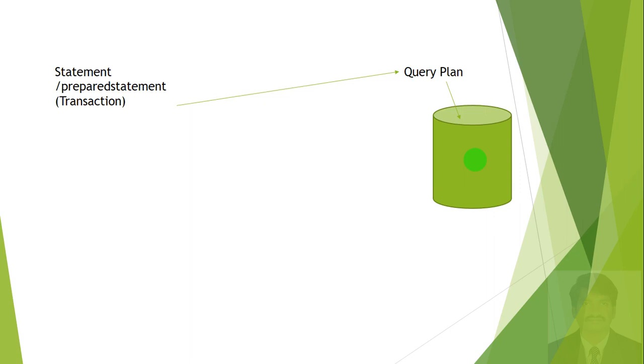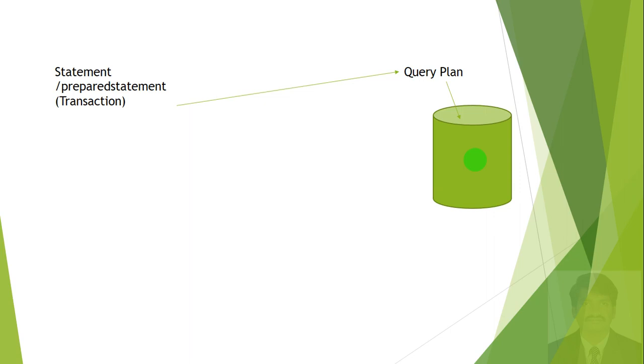Guys, let me repeat once again. If you use the statement interface object for similar operations, it has to prepare the query plan for each request, execute the query and delete the query plan. That will burden the database. That is overhead to the database. Or else, if you use the prepared statement interface, the query plan will be created only once and for all similar operations it will use the same query plan.